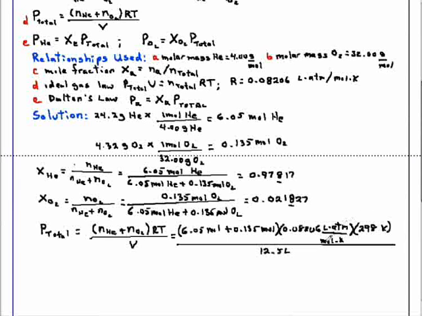So our moles will cancel, our temperature will cancel, and our volume will cancel, leaving us an answer in atmospheres. So our total pressure is equal to 12.099 atmospheres. Again, this number is good to the third significant figure.